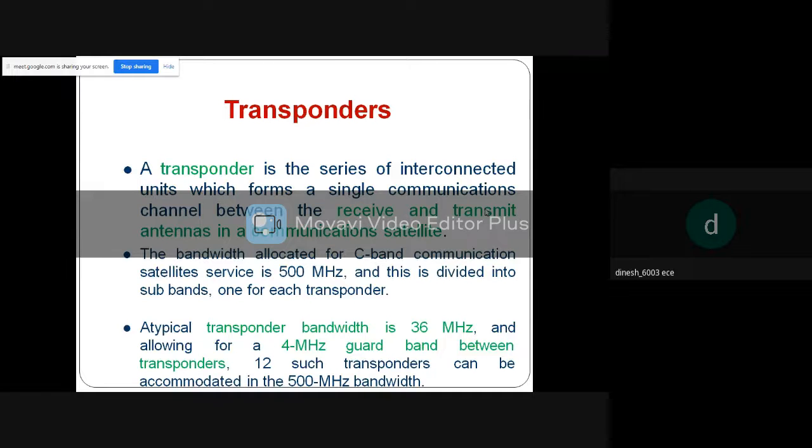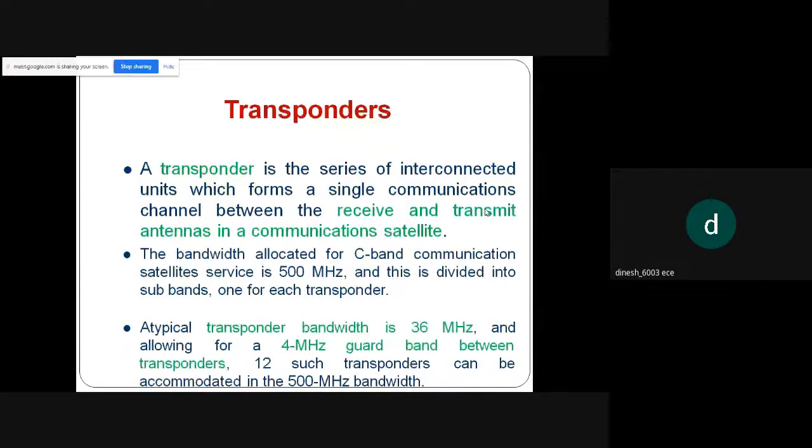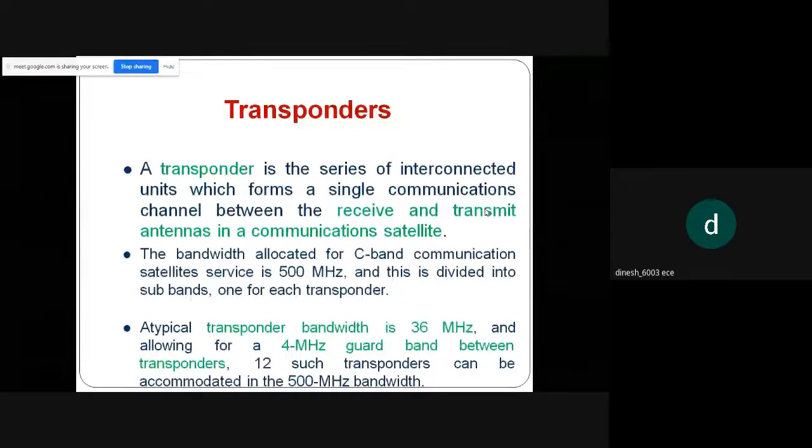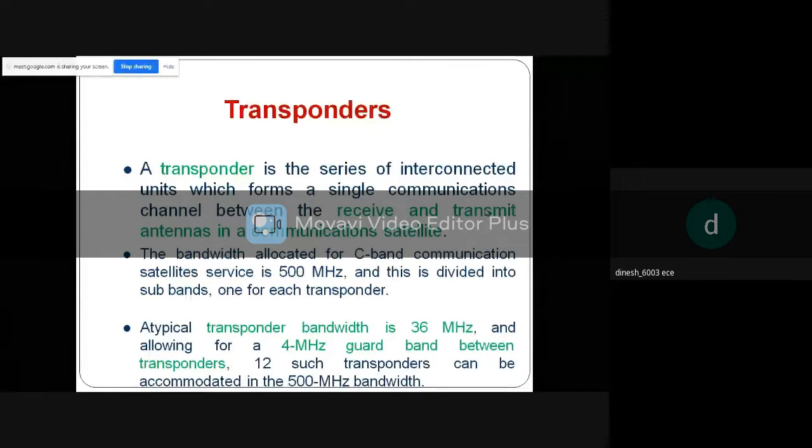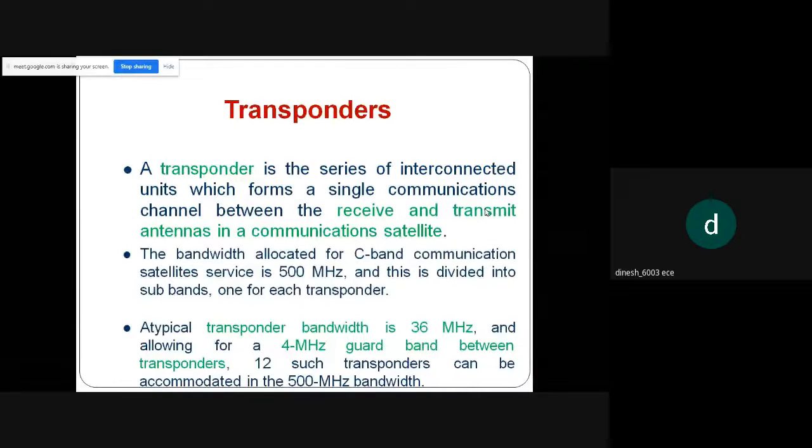So the bandwidth allotted for the C-band communication satellite service is about 500 megahertz, and this can be divided into subbands, one for each transponder, having a transponder bandwidth of 36 megahertz, where we have some 4 megahertz as guard band between each transponder.